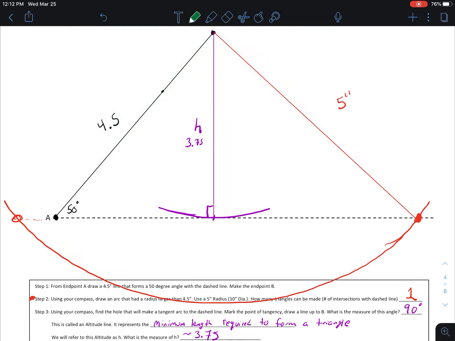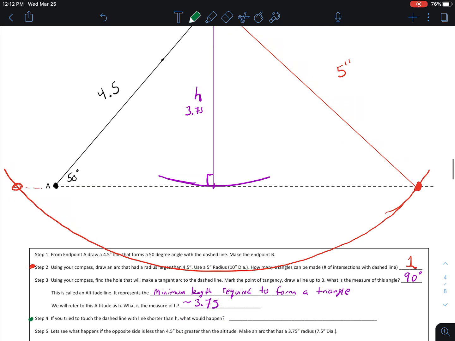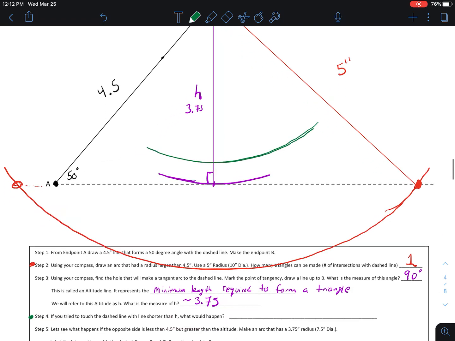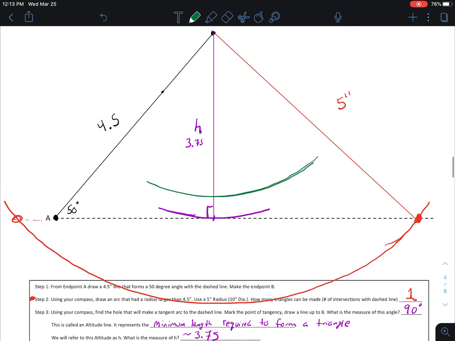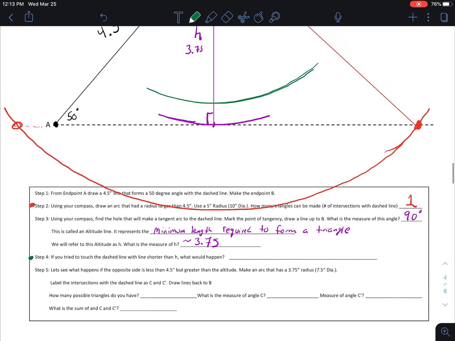And so if I tried to make an arc with something that was shorter than that, and so I'll do this one here, step 4 in green. So if the side that was given to me was actually less than the minimum length, and I tried to swing an arc down here, what would happen is it would never touch. And since that arc would never touch, that means I could not form a triangle if the side that was given, or if the arc was given, was too short.